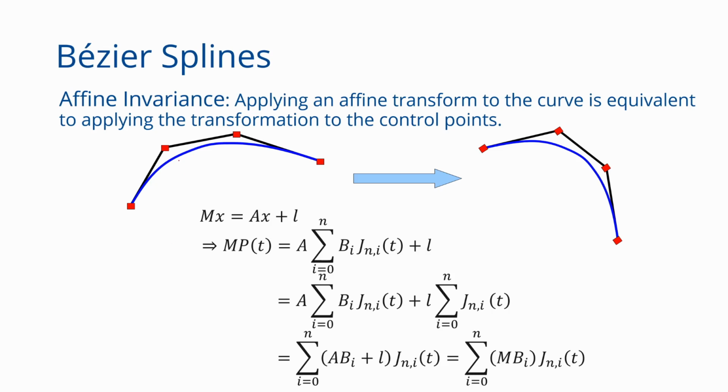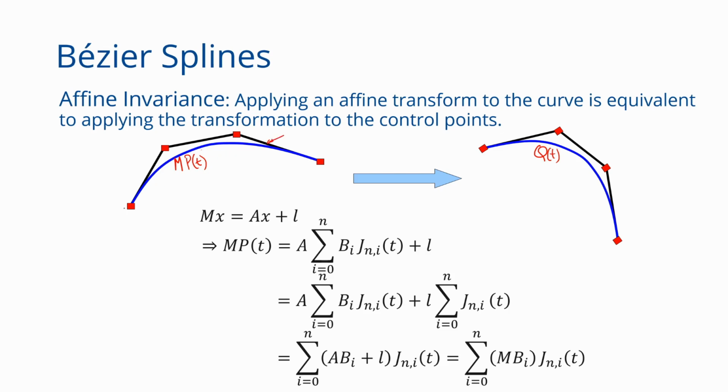So if I want to apply an affine transform M to this curve, which is given by P of t, and the transformed curve is Q of t, so Q of t equals M times P of t, then Q of t is also equal to the affine transformation of the control points.